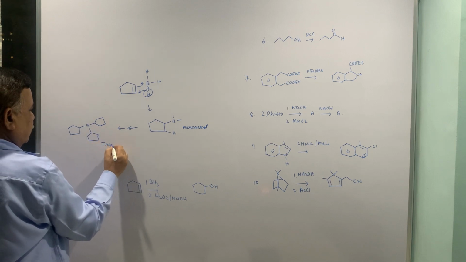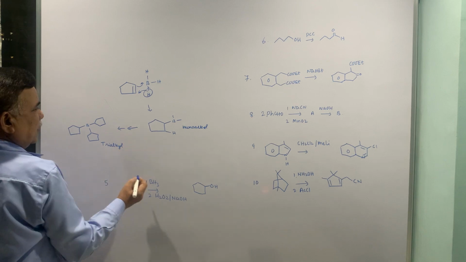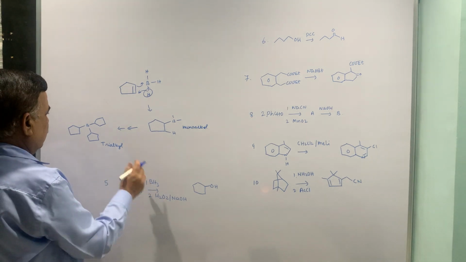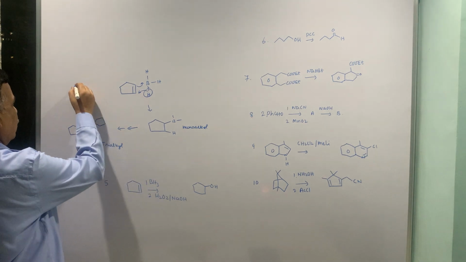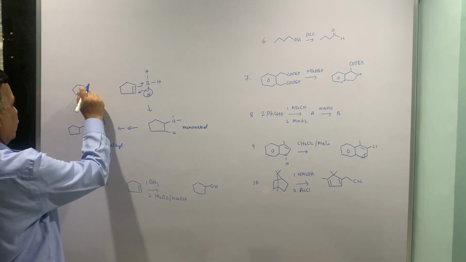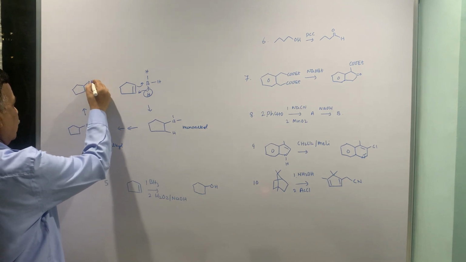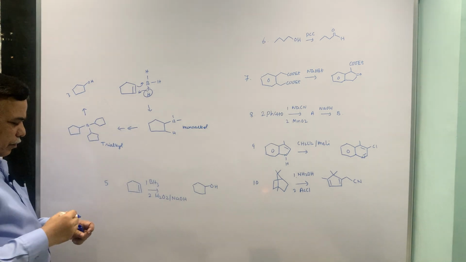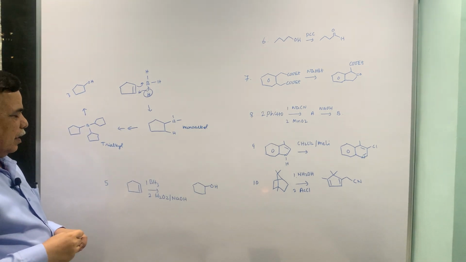Trialkyl. Then the H2O2 workup can give you 3 moles of alcohol. We have already written the mechanism.